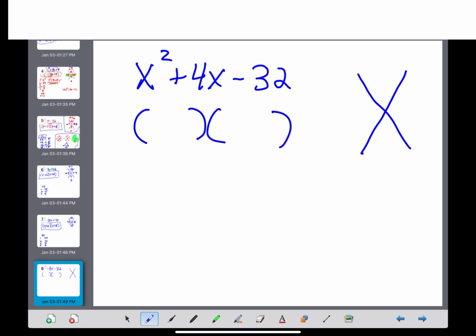What comes first? X and X. What's on the top? Negative 32 on the bottom. So we've got a positive 4, and a negative 32. So one's going to be negative, one's going to be positive. So 32, so 4 and 8. Which one's positive?